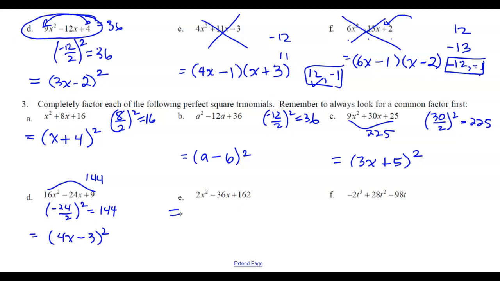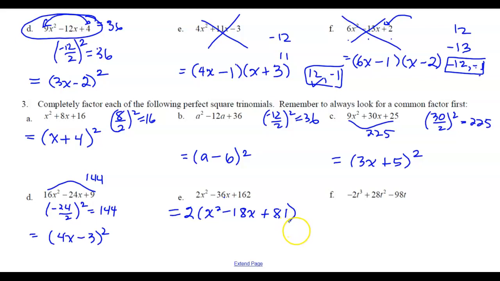Common factor was the first type of factoring we did on Monday. So you look for whatever goes into all the terms. They're all even numbers. So 2 does. We divide every term by 2. And show that step. You have to show that step. Then you look and you decide. If you don't want to do this fast method, you don't have to, right? You can look for 2 numbers that multiply to 81 and add to negative 18.